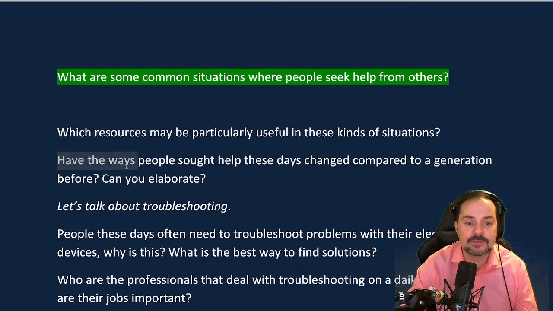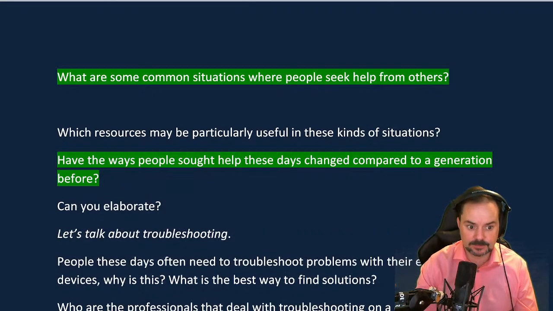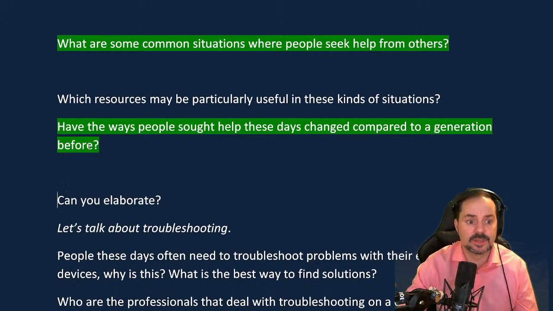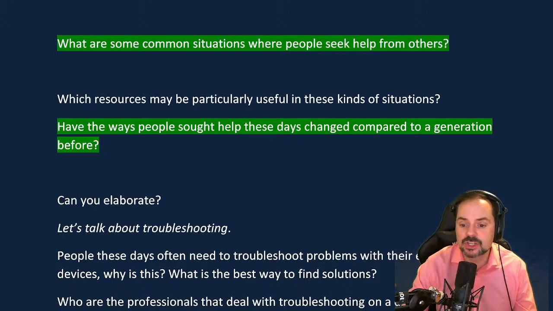Have the ways people sought help these days changed compared to a generation before? Give me a nice full sentence answer for this question, okay? Have the ways people sought help these days changed compared to a generation before?